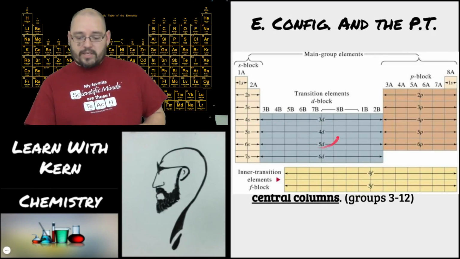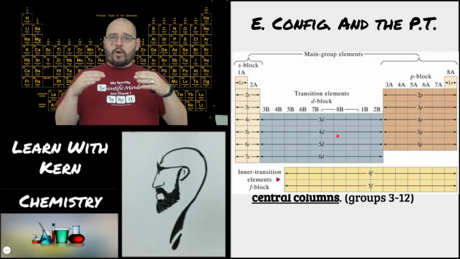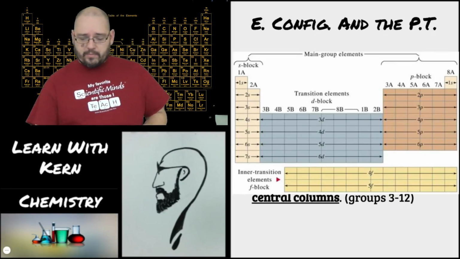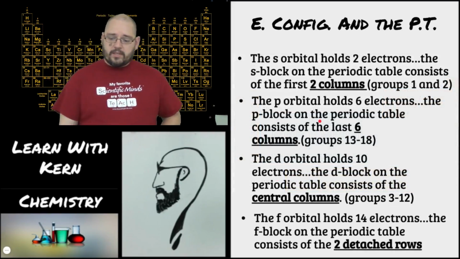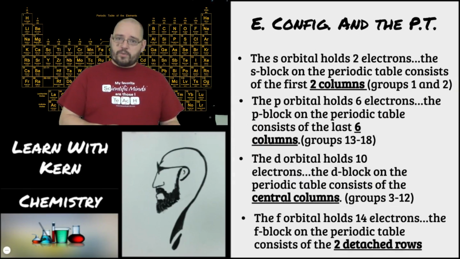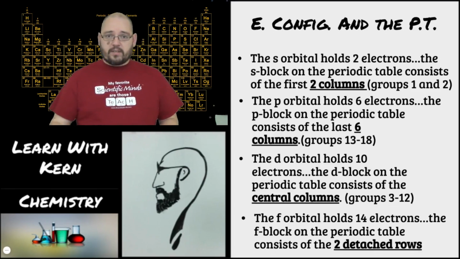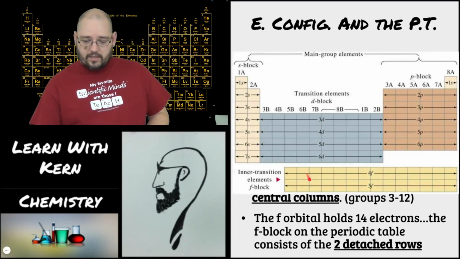So for the d block, you'll notice we have our row minus 1, and we'll talk about that more in a little bit. And then our f block, the f orbital has 7 suborbitals, each one holding 2 electrons. So the f orbital holds a total of 14 electrons. And those 14 electrons correspond to the 14 groups down here in the lanthanides and actinides, the inner transition metals.